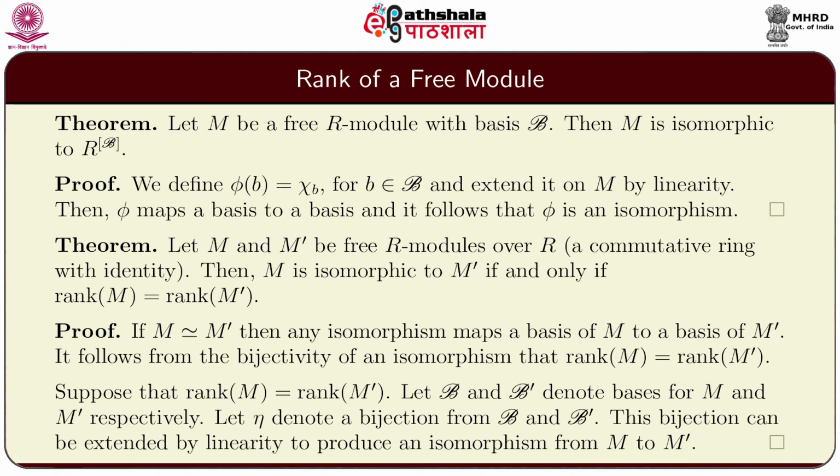Now suppose that rank of M is equal to rank of M dash. Let B and B dash denote basis for M and M dash respectively. We know that rank of M is equal to rank of M dash, and therefore cardinality of B is the same as cardinality of B dash, which means that there is a bijection from B to B dash, call it eta. This bijection can be extended by linearity on the whole of M. So, this eta gives rise to a homomorphism from M to M dash, and this is an isomorphism because it maps a basis to a basis.